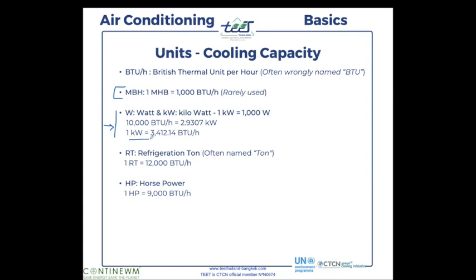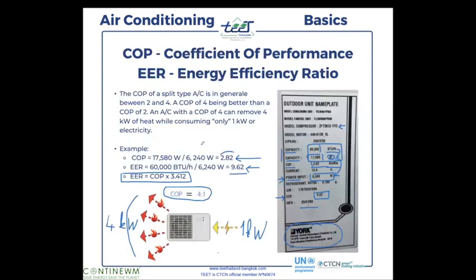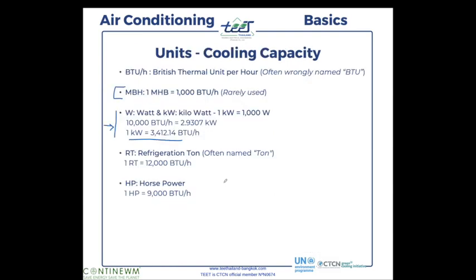You see 1 kilowatt is 3.412 BTU per hour. So it's exactly the same as this number here, 3.412, okay? Because I already explained. So you can always convert BTU per hour to kilowatt and kilowatt to BTU per hour.